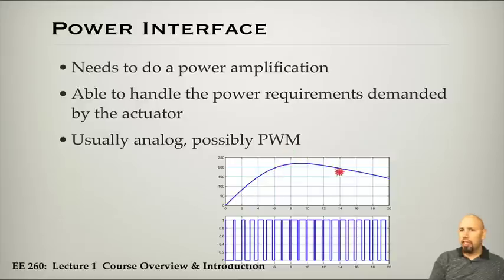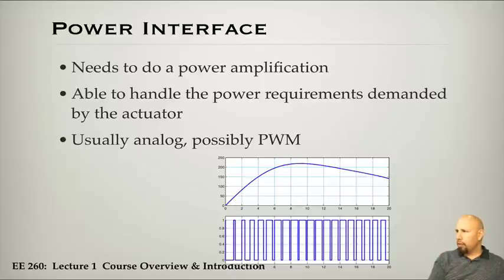Here's an example signal that we might want in analog, and here is a pulse width modulated version of that signal. Basically, pulse width modulation puts out pulses at a certain period. Every so many seconds, a new pulse. The width of the pulse is determined by the magnitude of the signal we want out. Notice for low values, the pulse width is very small.